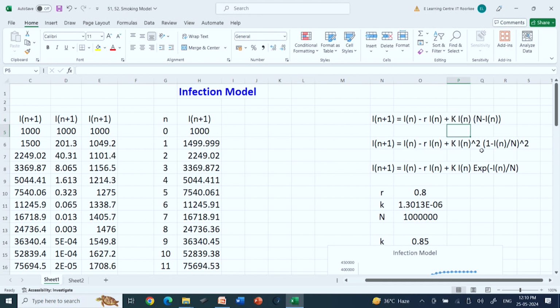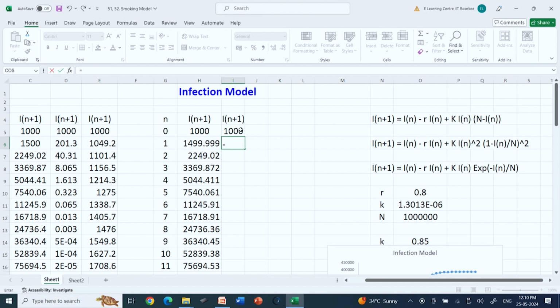The second one says that it will vary as I n square multiplied by 1 minus I n divided by n, whole square. So, if I calculate this, I will get a new value. I take this to be 1000. So, under this new law, let us calculate these values.